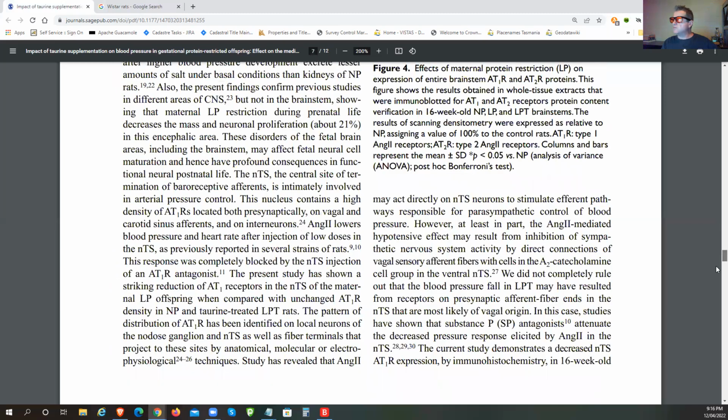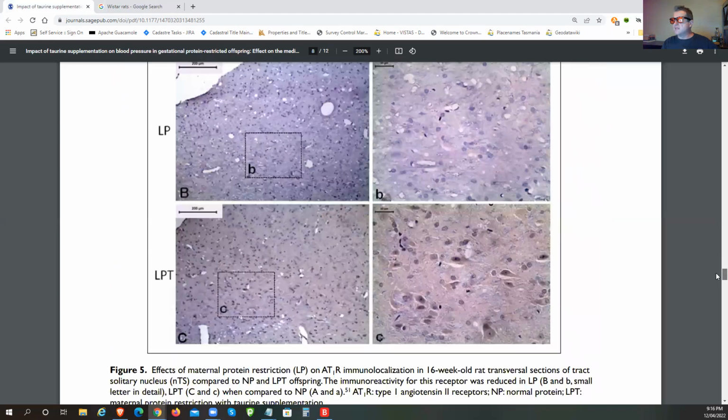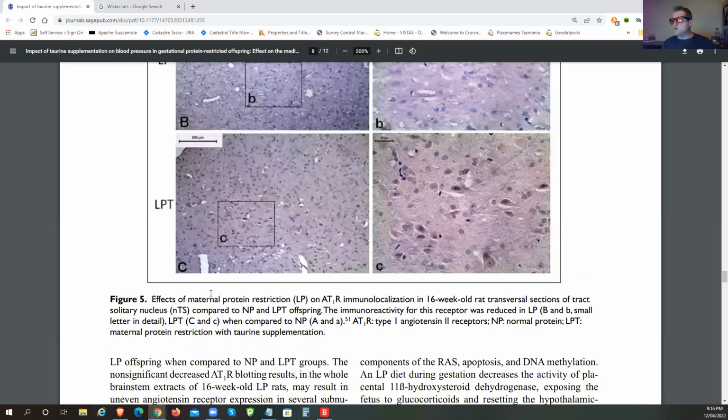So let's take a look at what some of these things look like. So here's your maternal protein restriction. The tractus solitarius nucleus, so we're talking about within the brain stem. When they cut these little things up, they put them on a little glass slide, and then they observed it under a microscope.